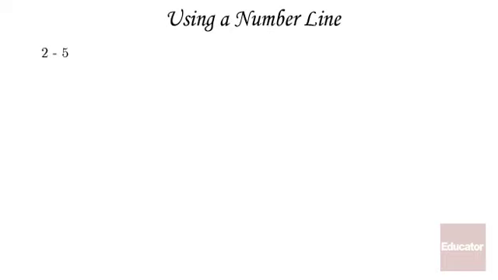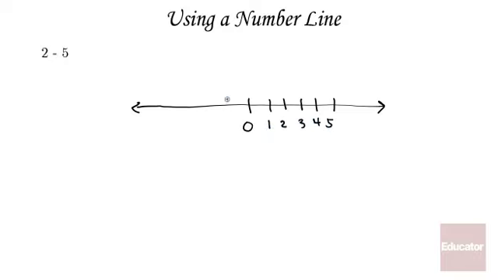Let's try subtracting integers using a number line. Here is 0, 1, 2, 3, 4, 5, and -1, -2, -3, -4.